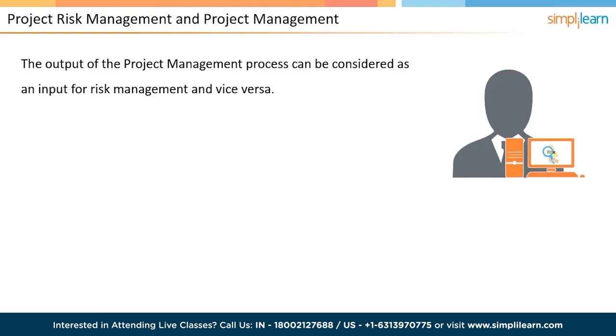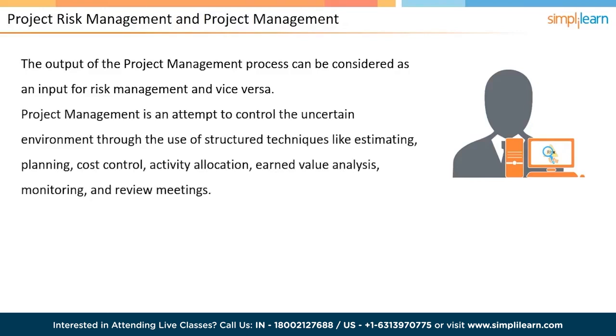As you already know, all the projects have uncertainty. Project management can be seen as an attempt to control this uncertain environment through the use of structured techniques like estimating, planning, cost control, activity allocation, earned value analysis, monitoring, and review meetings.